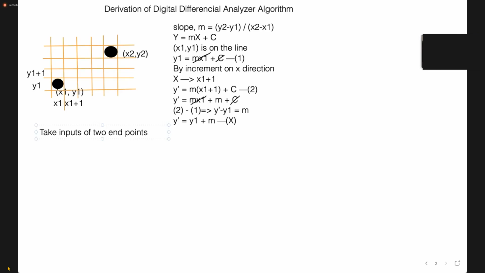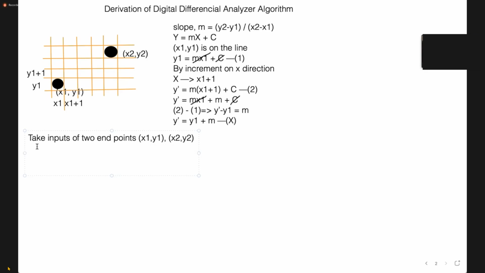Two endpoints are going to be x1, y1 and x2, y2.